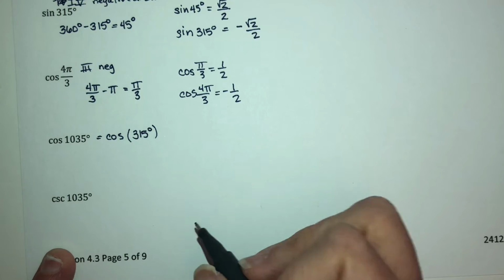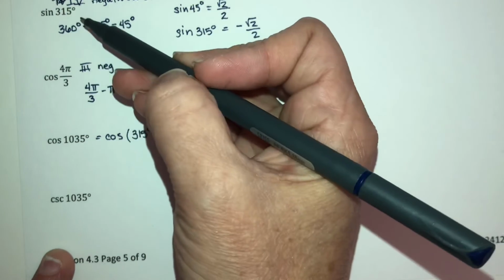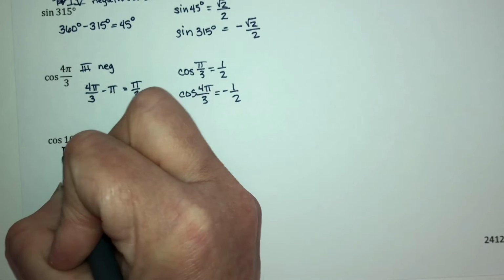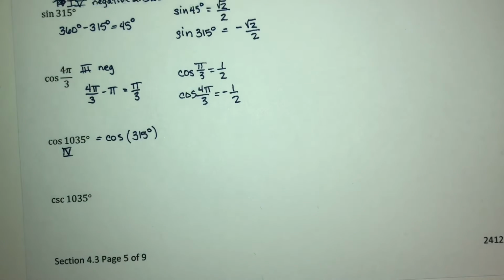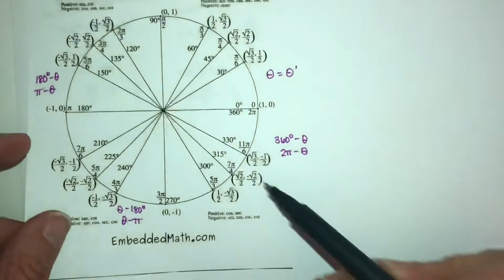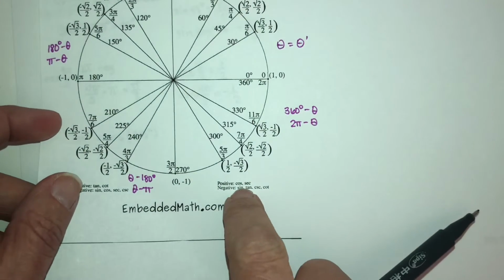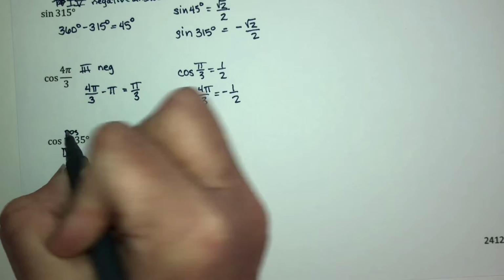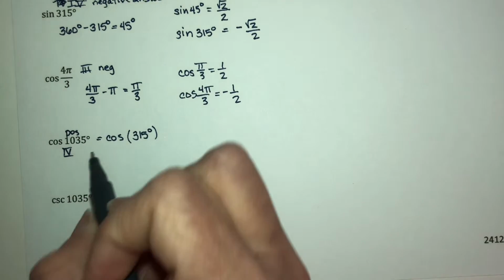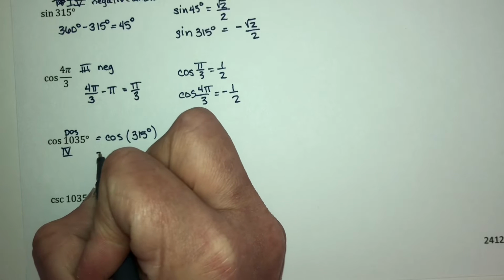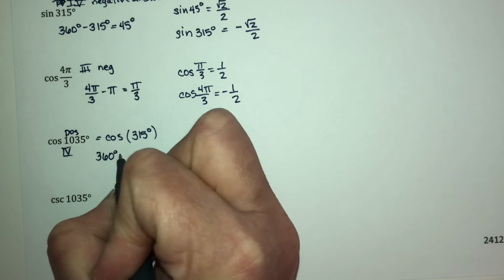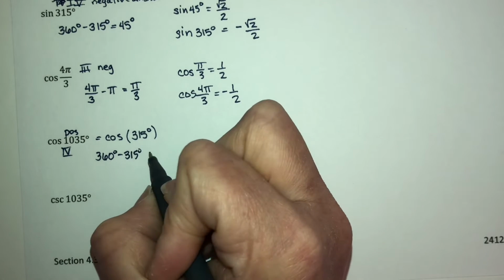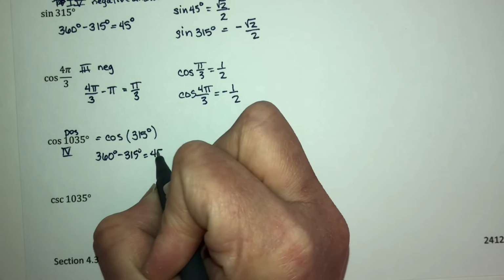Now, we've had this value before. This is in quadrant 4. And in quadrant 4, is cosine positive or negative? It is positive. So I will have a positive answer. My reference angle is 360 degrees minus 315, which does give me 45 degrees.